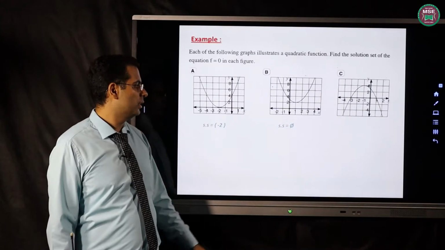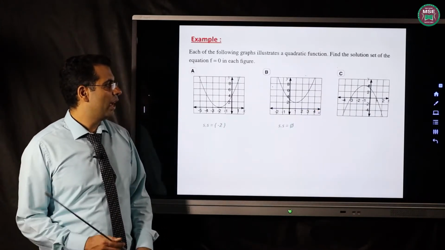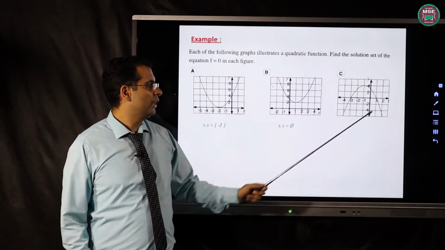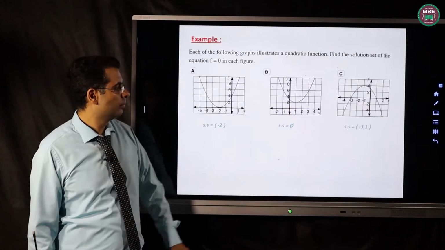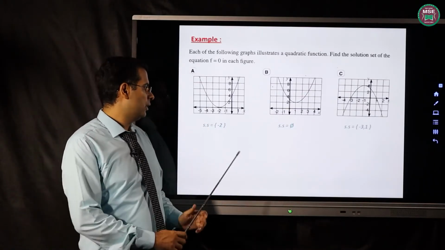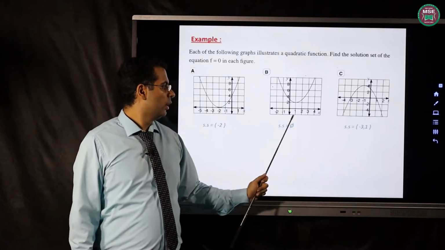Therefore, the solution set here is phi. Here the curve meets the x-axis at 2 points, which are negative 3 and 1. The 3 cases: 1 point, 2 points, 0 points.